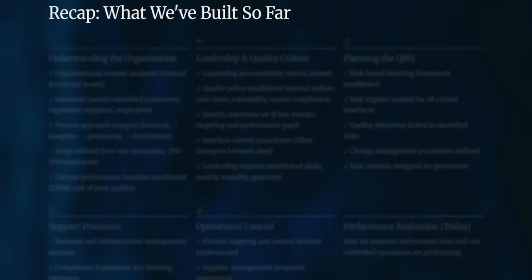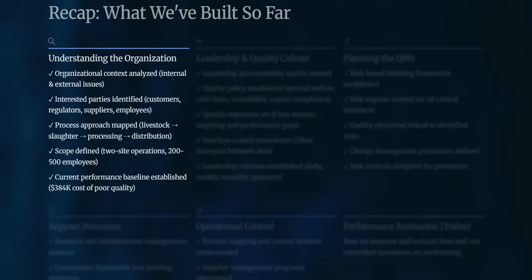Let's recap what we have built so far from Module 1. In Module 1, understanding the organization, we have covered organizational context analysis, which includes internal and external issues. We have also identified interested parties, including customers, regulators, suppliers, and employees.